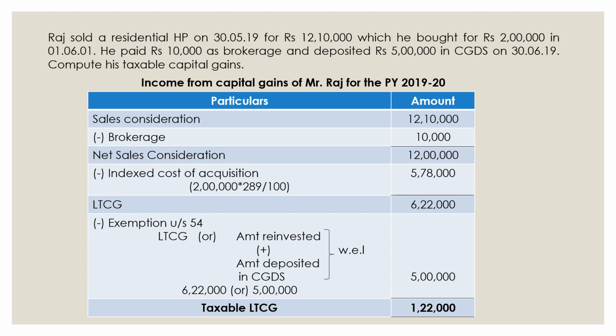So in this case, the long-term capital gain is 6,22,000 and there is no amount reinvested because he has not yet bought any house, but he has deposited 5 lakh rupees into the CGDS, which is the capital gain deposit scheme. So you find whichever is less and that becomes his exemption, finally giving him a taxable long-term capital gain of 1,22,000.